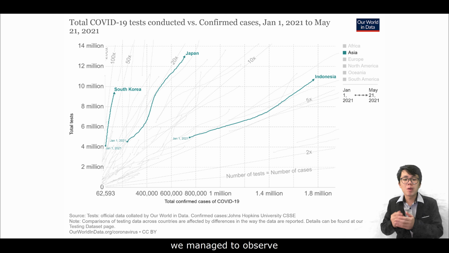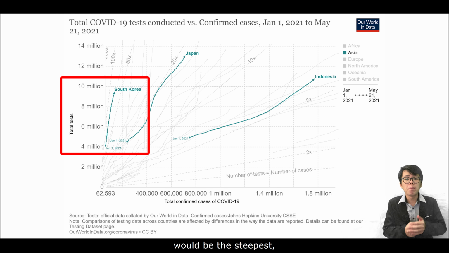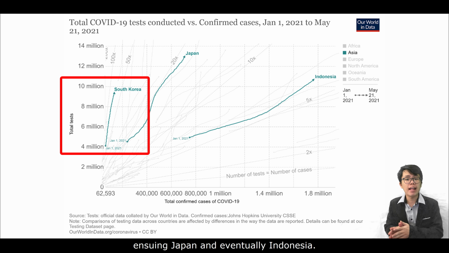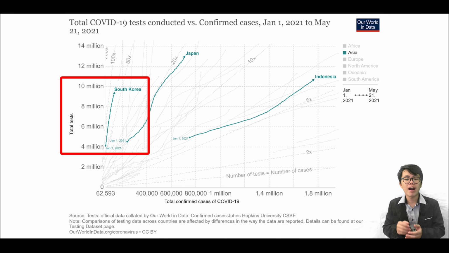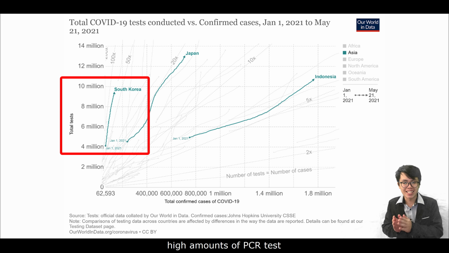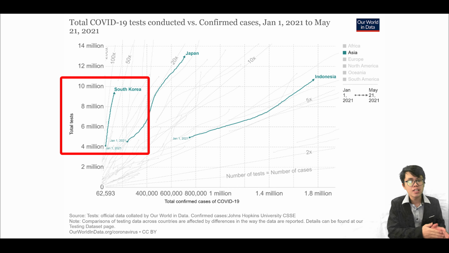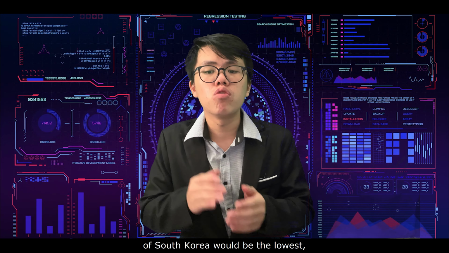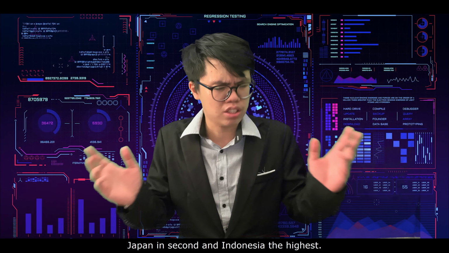In this graph, we managed to observe that the gradient for South Korea would be the steepest, followed by Japan and eventually Indonesia. South Korea is said to undergo high amounts of PCR tests, but retaining the lowest daily new cases. The basic reproduction number of South Korea would be the lowest, Japan in second, and Indonesia the highest.